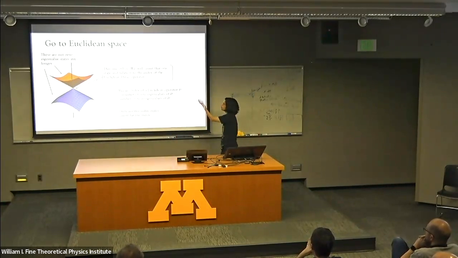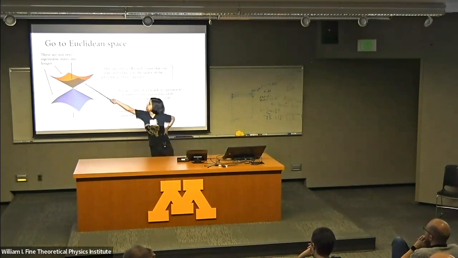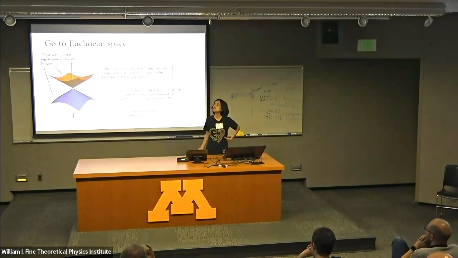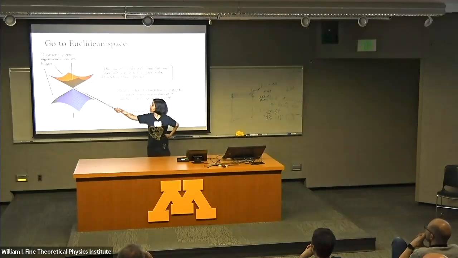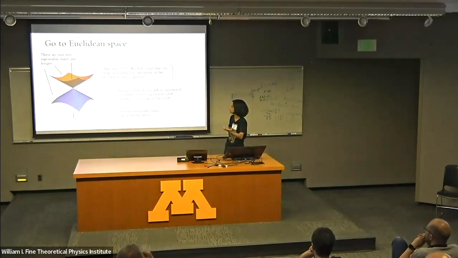One way of achieving that is to go to Euclidean space, in which case these states that are away from the origin are not zero eigenvalue eigenstates of the Euclidean Dirac operator anymore. But this one, which is at the origin, is still a zero eigenvalue eigenstate.